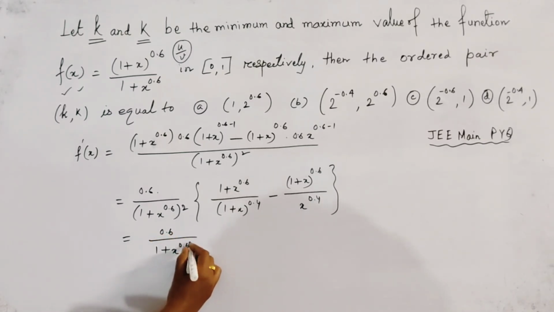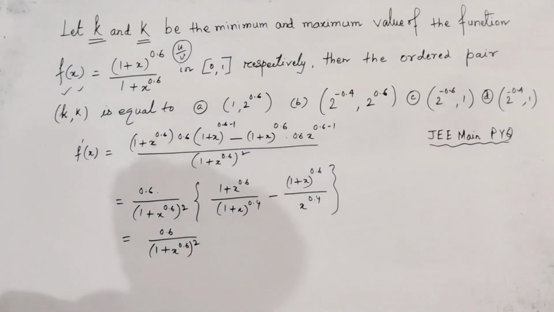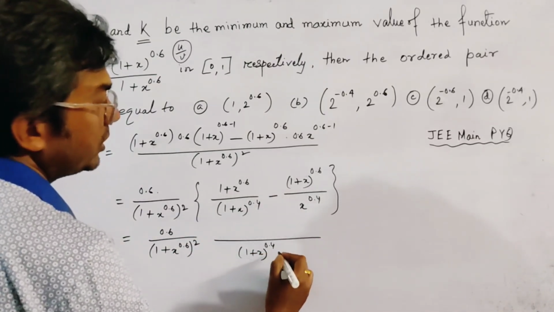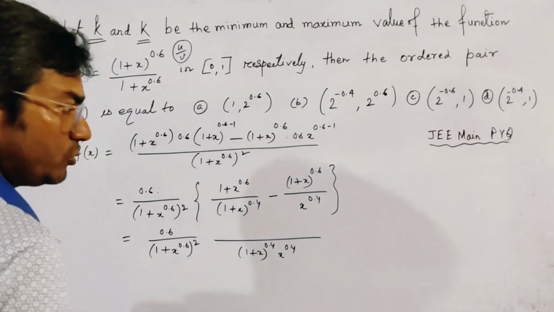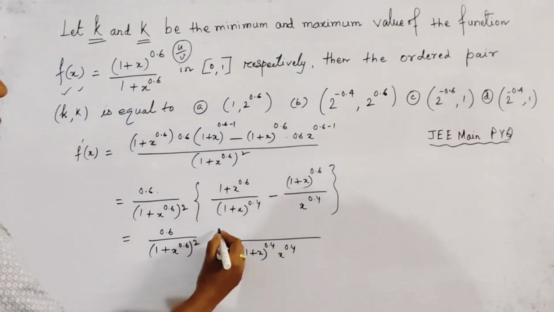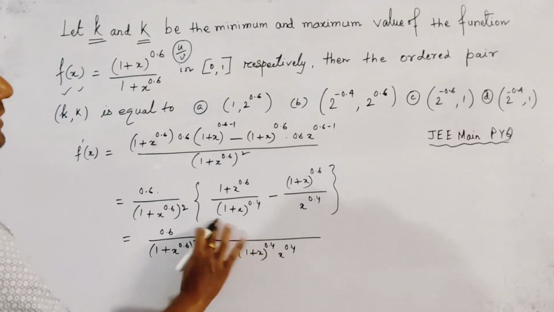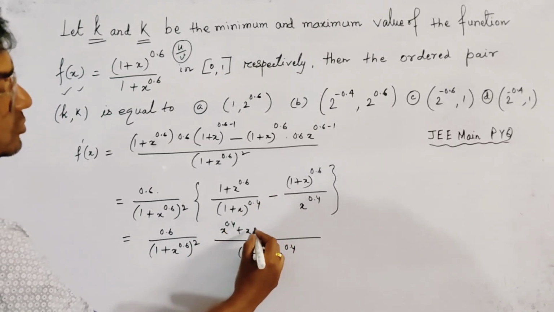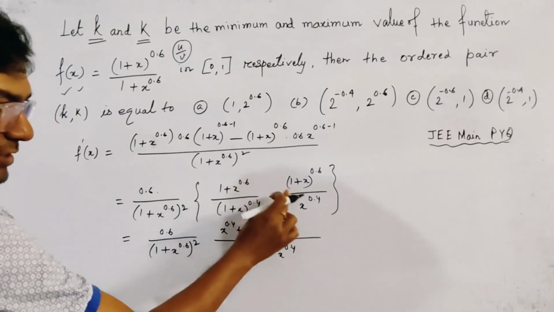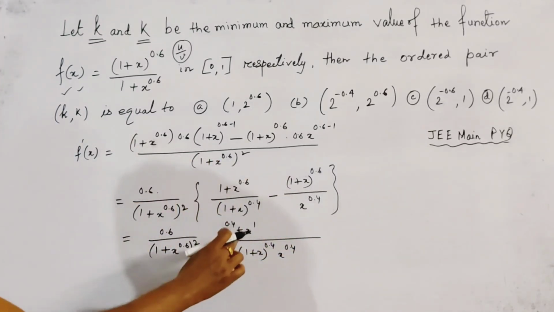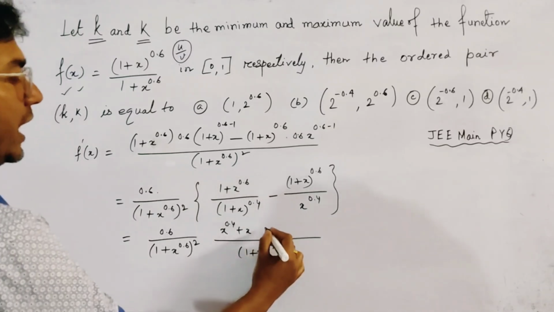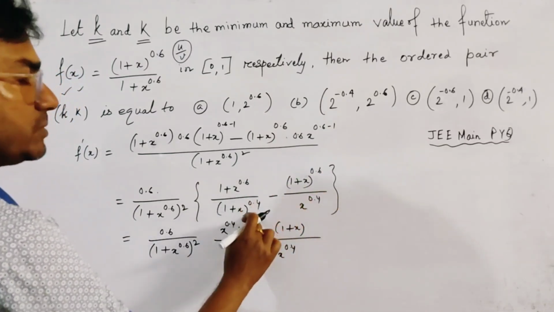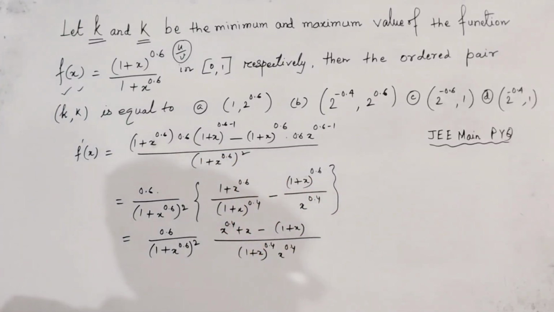Now if we get the LCM of these two terms, we get the result as 0.6 by (1 plus x raised to 0.6) to the power 2 into (1 plus x raised to 0.4) into x raised to 0.4, and this into this is given by x to the power 0.4 plus x to the power 1, because x to the power 0.6 into x to the power 0.4 is x to the power 1, this is x. And from here we get 1 plus x to the power 0.6 plus 0.4, so this is to the power 1.